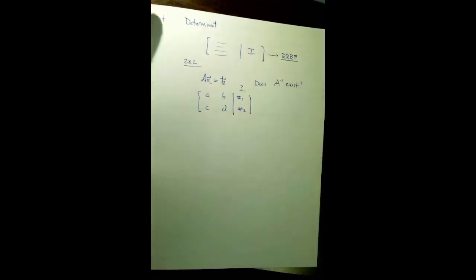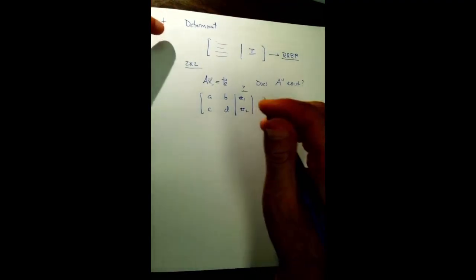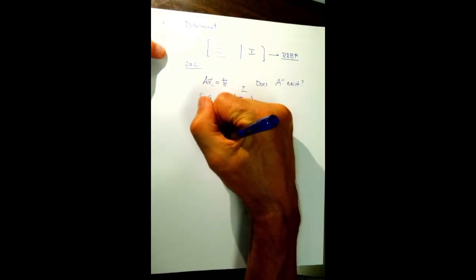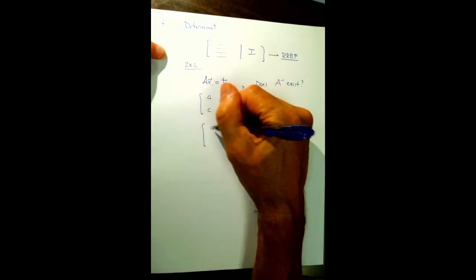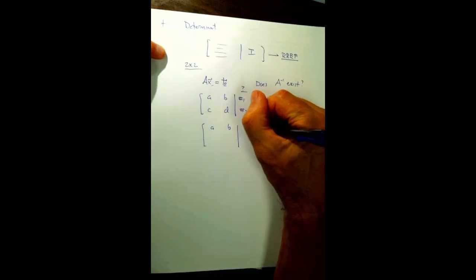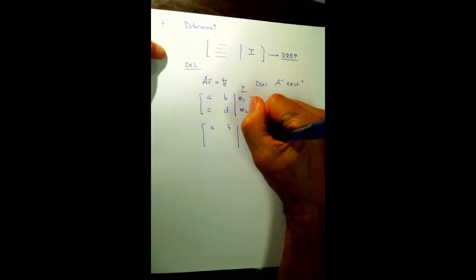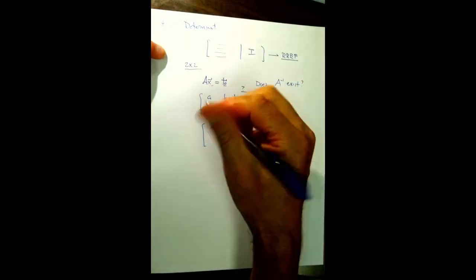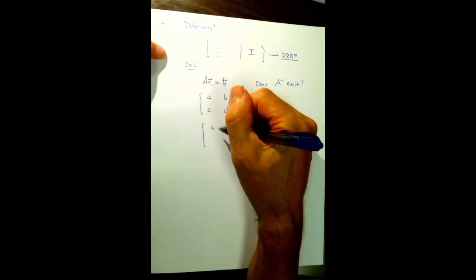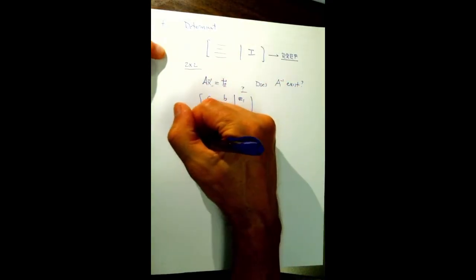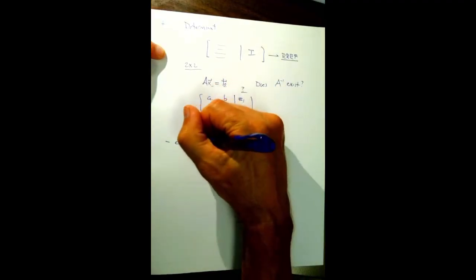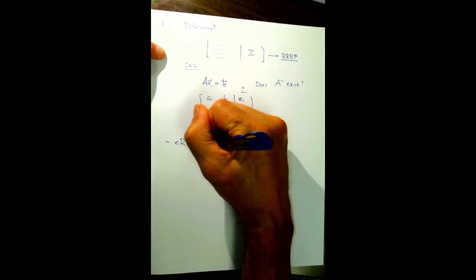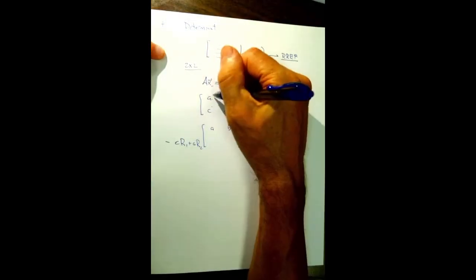Well, if I put this in reduced row echelon form, what can I do? Let's not do the normalization where we make A equal to 1, because if A is 0, this is going to break down. But notice, if I take minus C times row 1, I'll get minus AC here, and add A times row 2, then I will get what?